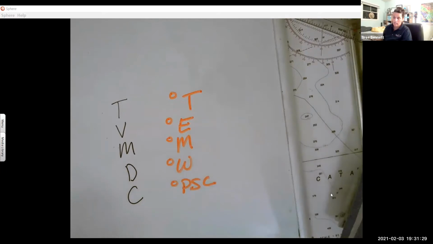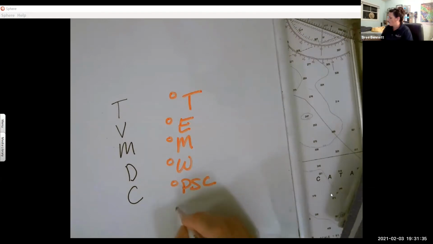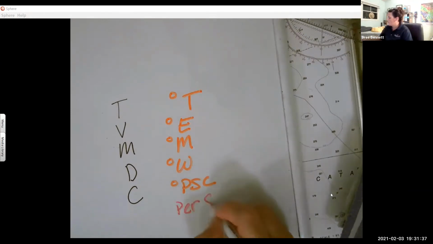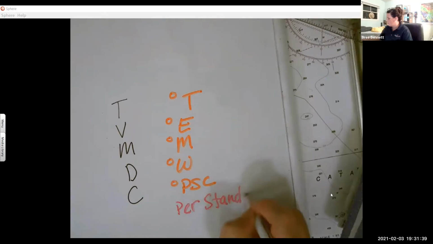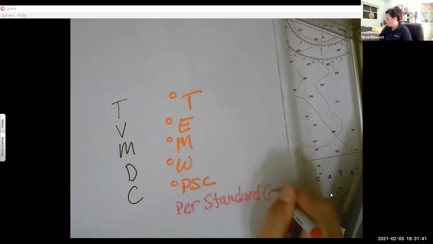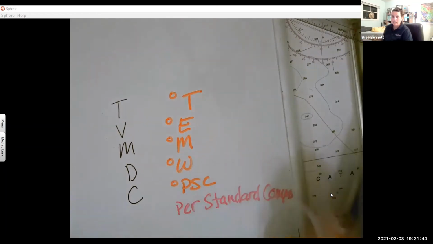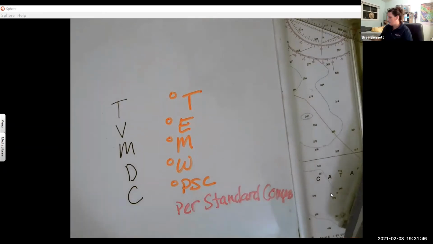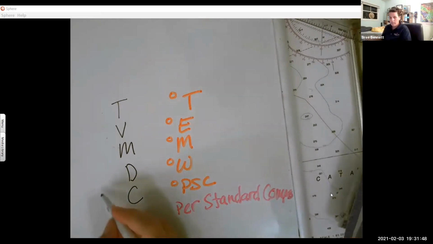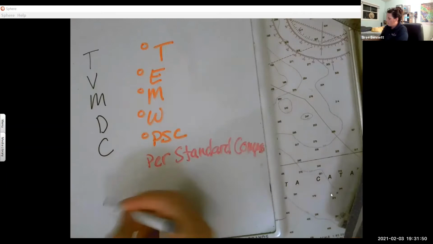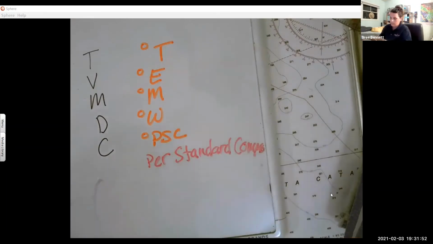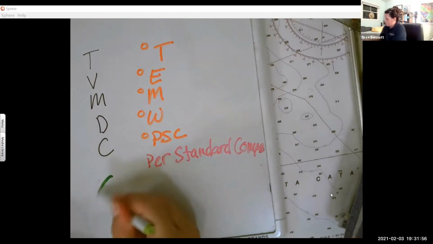PSC. That stands, in my opinion, for per standard compass. And technically, per standard compass means, let me get a little picture of a ship here. Here's your ship.